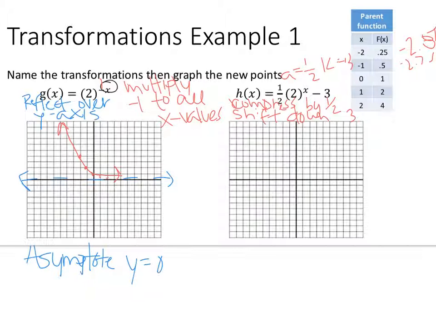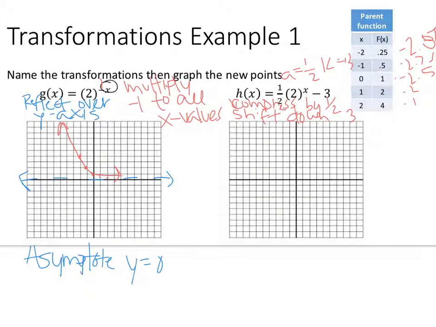Half of 1 is 0.5, and if I subtract 3 from that, I'm at -2.5. Half of 2 is 1, and if I subtract 3, that's -2. And half of 4 is 2, and subtract 3 from that, that's -1.